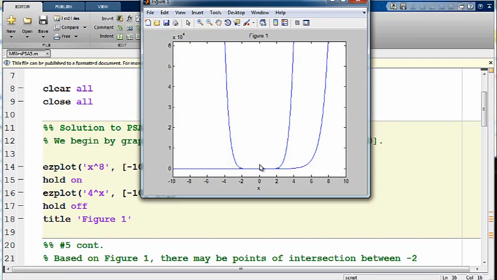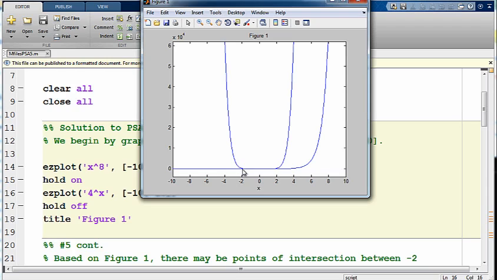There's the graph. Okay, here's the two graphs, one like that and one like this. You should be able to see that this is x to the 8th and this is 4 to the x. It's hard to see what's going on between minus 2 and 2. They could intersect there.